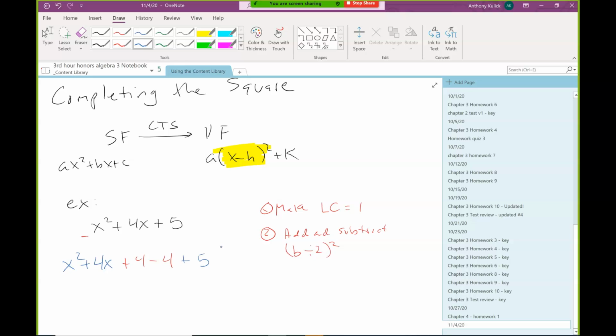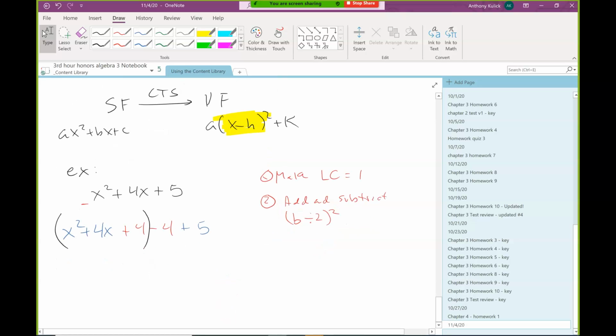What I'm going to do then is take this piece and factor that. The neat thing about the way this is going to always factor is that it's always going to factor to x and then either plus or minus b over 2, squared. So in our case, that is just going to factor to x plus 2 squared.